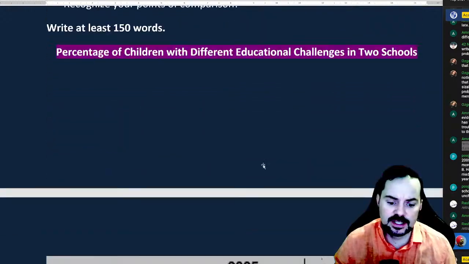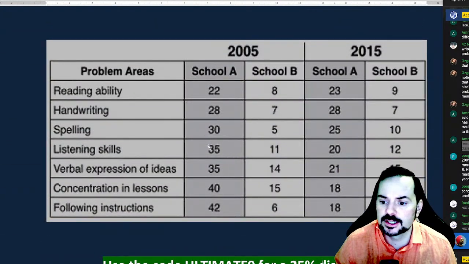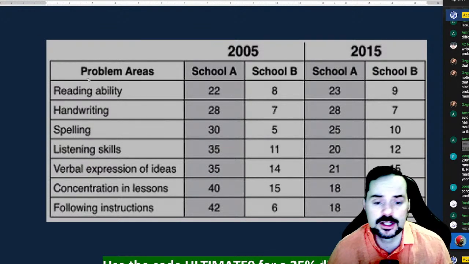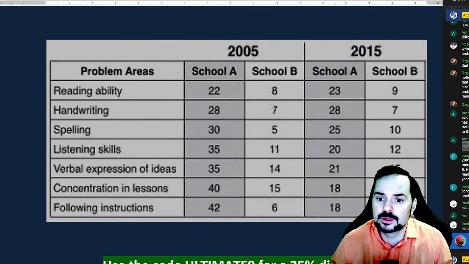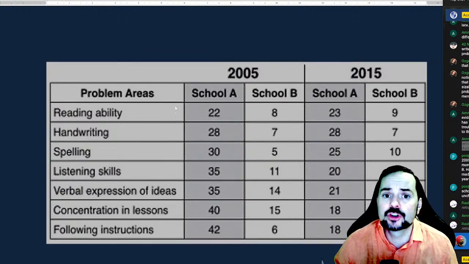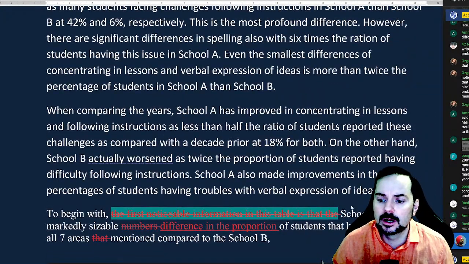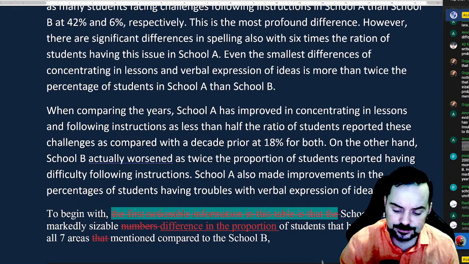Verbal expression of ideas and listening skills, right? We can see that 35 to 20 and 35 to 21. Okay. Notice how I'm not writing lots of percentages, and we don't need to because your goal is to interpret the data in the table. Okay. And spelling.